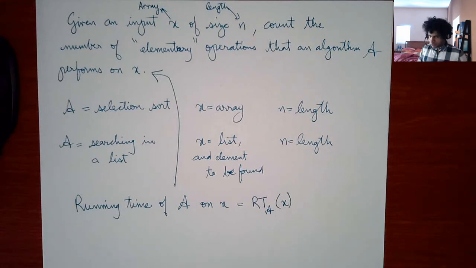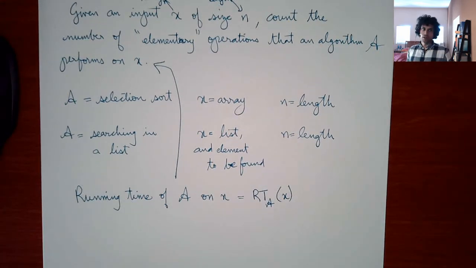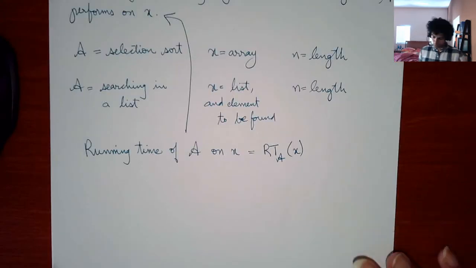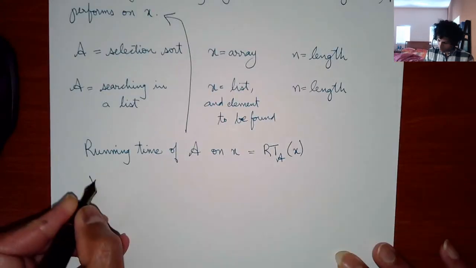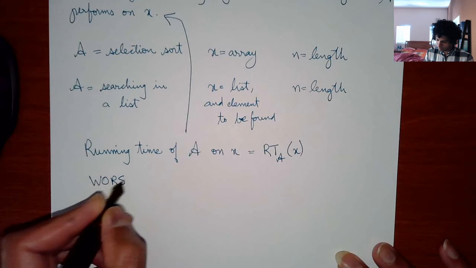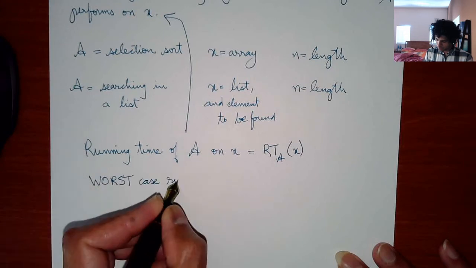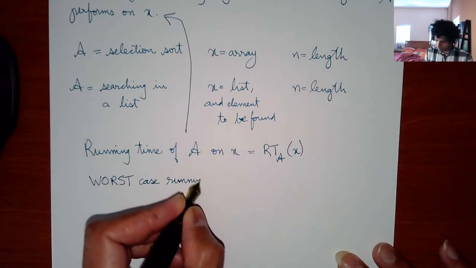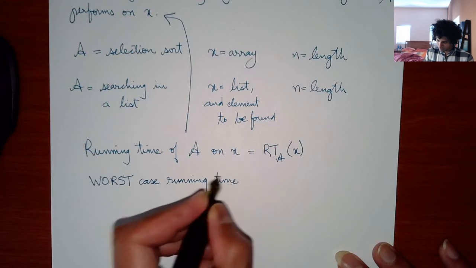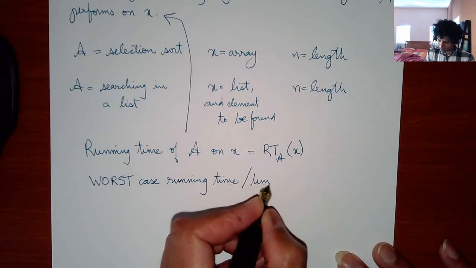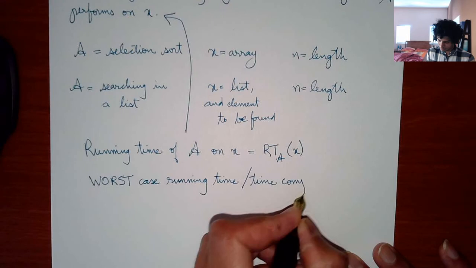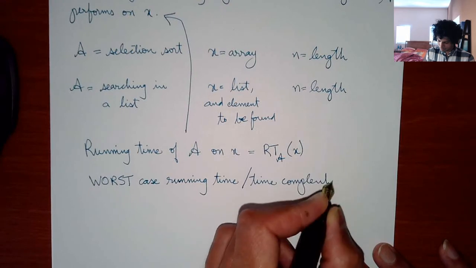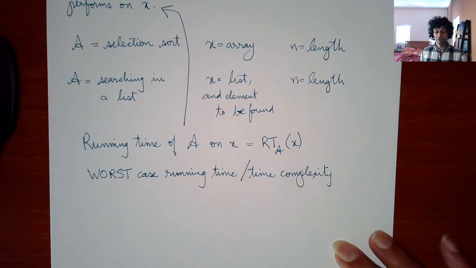Okay, so now I'm going to write down one more thing and then I'll open it up for questions. The worst case running time, sometimes also referred to as the time complexity, is a function.